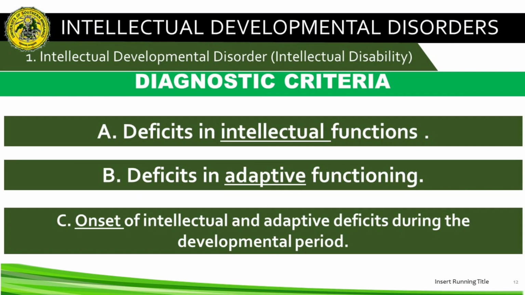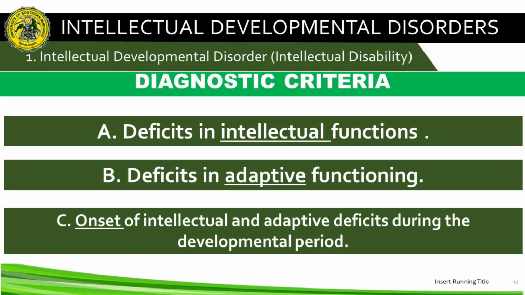For the criterion B, we have the deficits in adaptive functioning that nagresulta siya ng failure to meet developmental and sociocultural standards for personal independence and social responsibility. And without ongoing support, the adaptive deficits limit functioning in one or more activities ng daily life such as communication, social participation, and independent living across multiple environments such as sa home, sa school, sa work, and sa community.